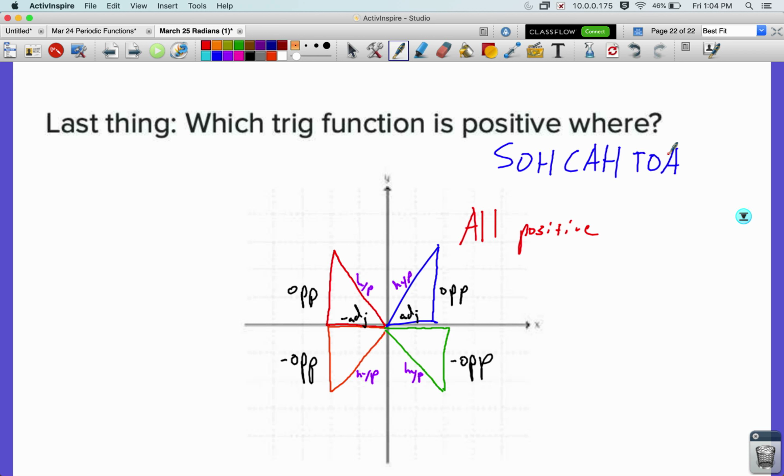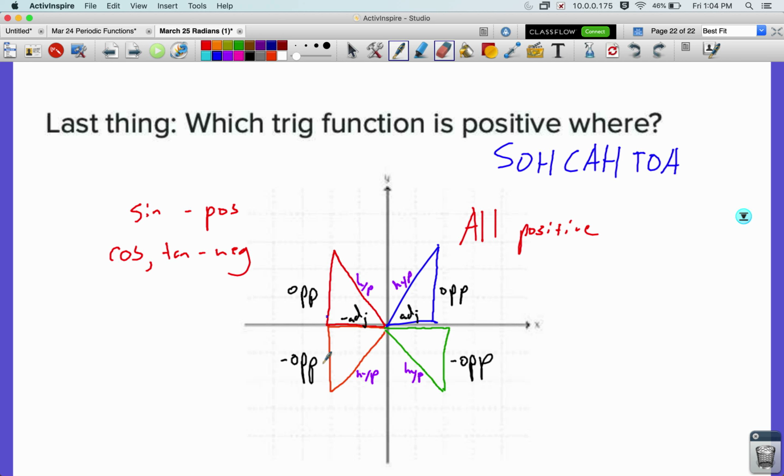So if you have an adjacent, then you're going to be negative. So sine is going to be positive. Cosine and tangent will be negative. I'm going to teach you a nifty mnemonic in just a second. Stay with me.